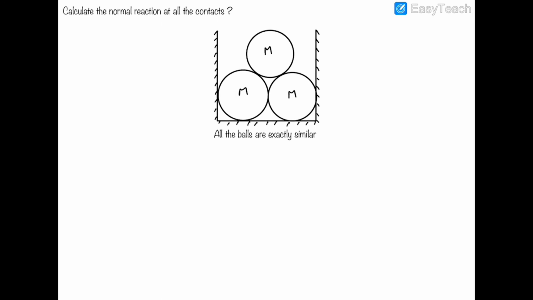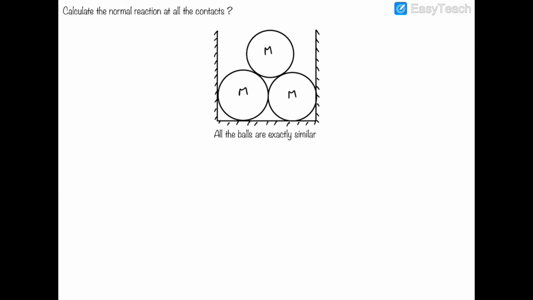In this question, there are 3 exactly similar balls which are similar in size, shape and mass. These are placed like that in a box, and you have to notice one thing.